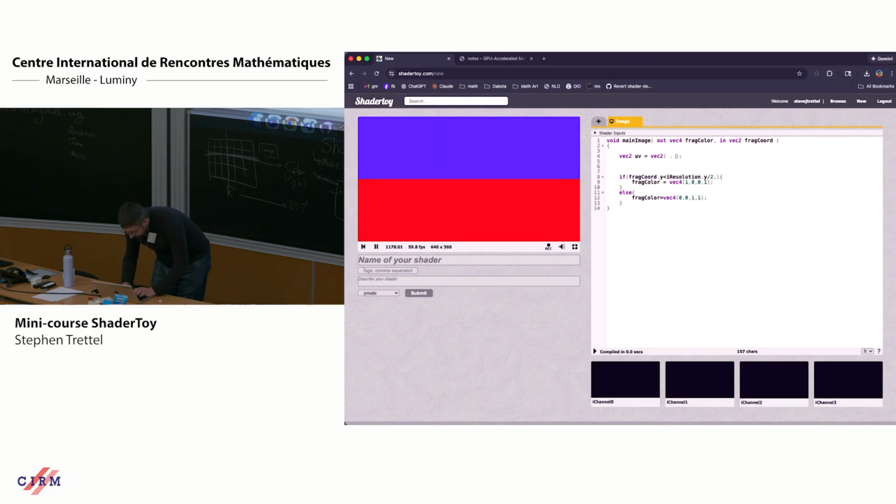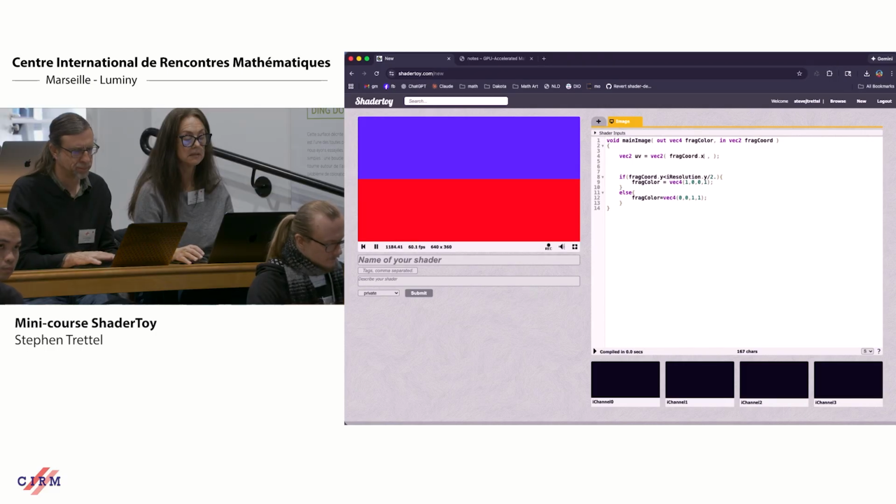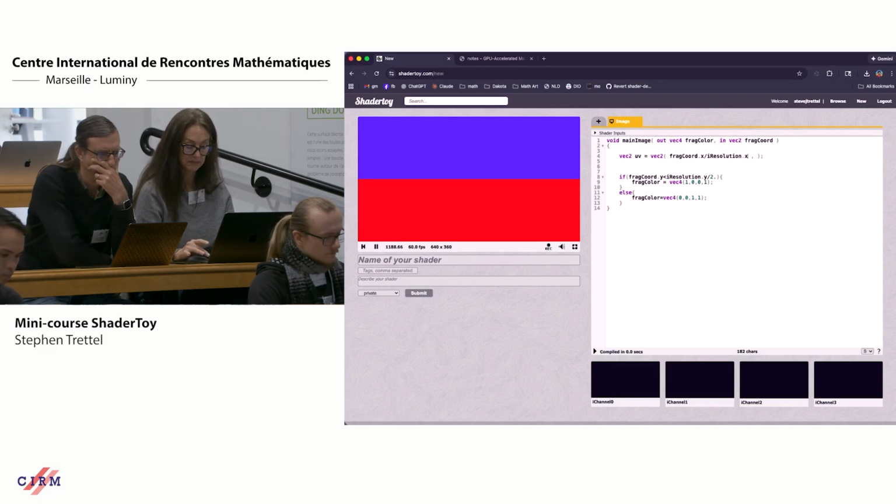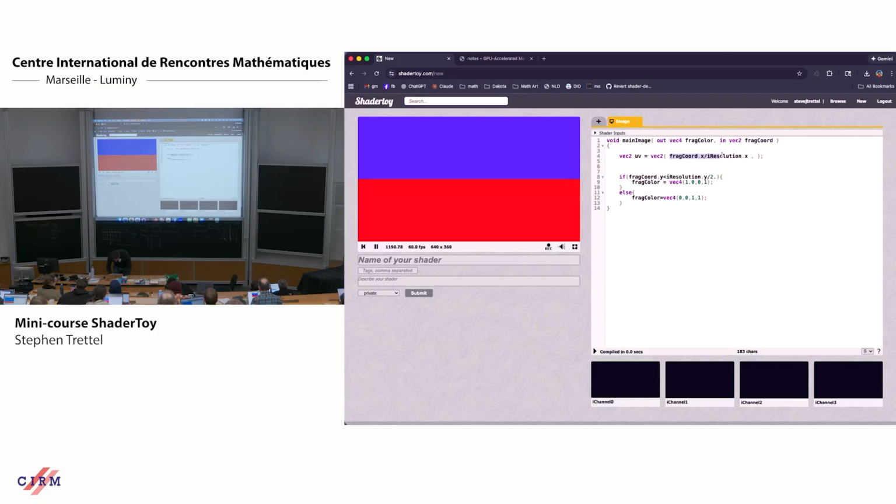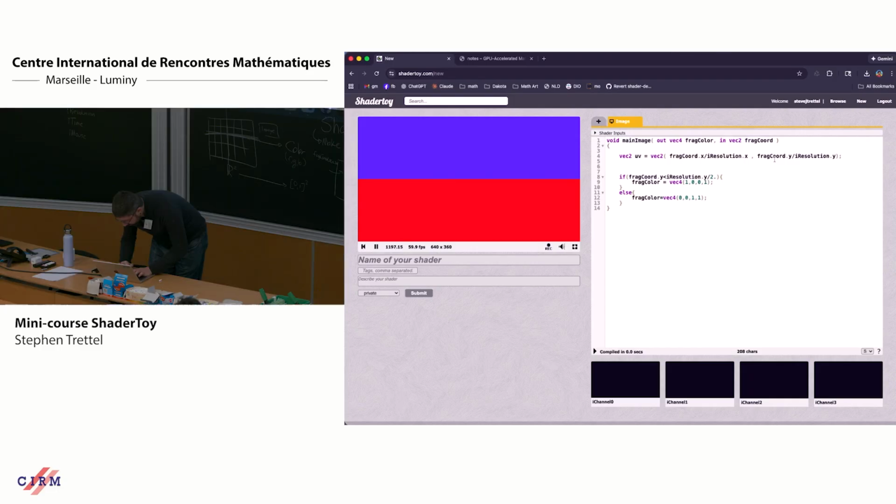Inside of there, I need to give you an x component and a y component. My x component is fragCoord.x divided by iResolution.x. And my y coordinate is going to be the same thing, but with y's. I'll get rid of everything else.